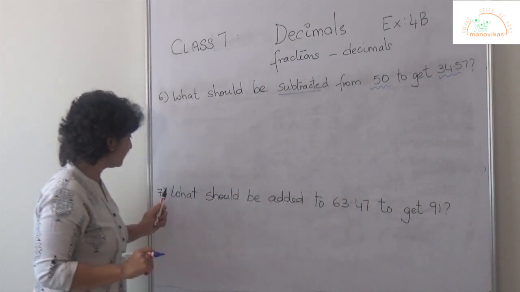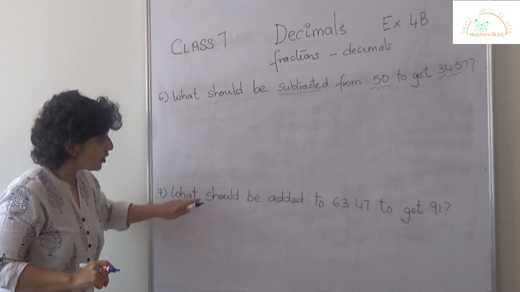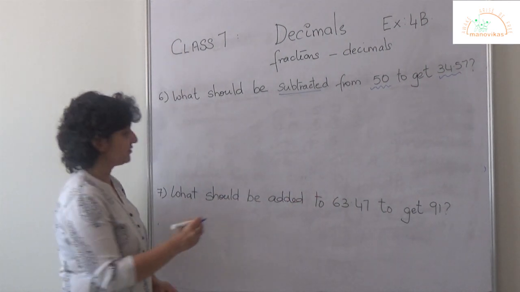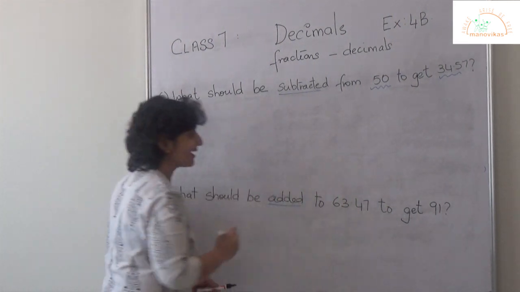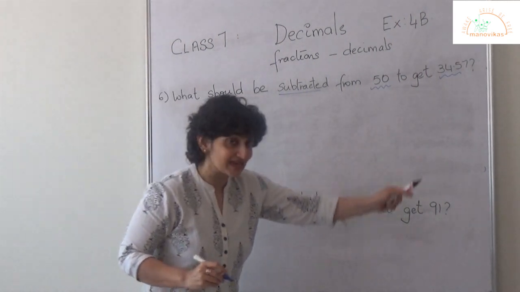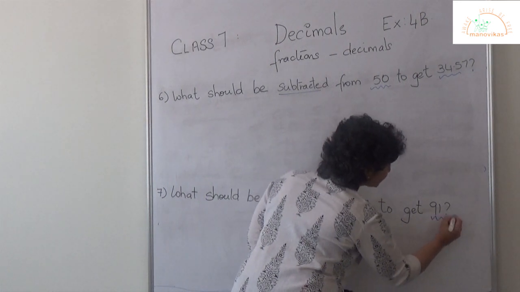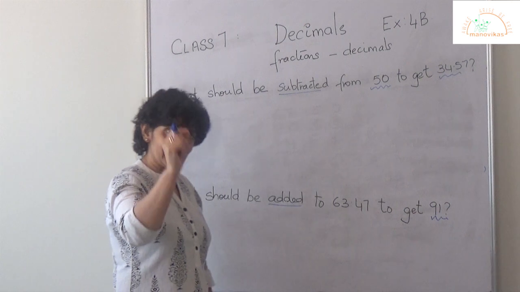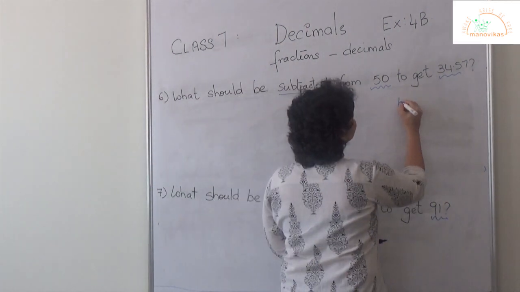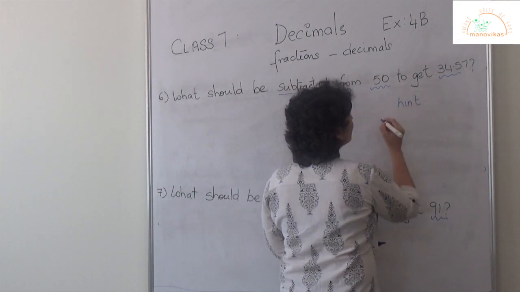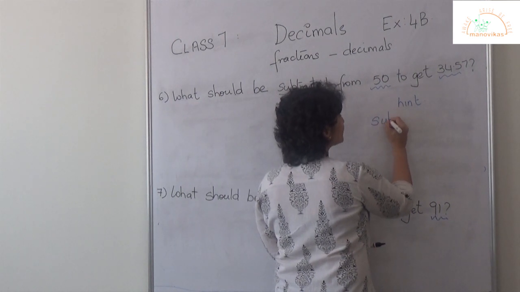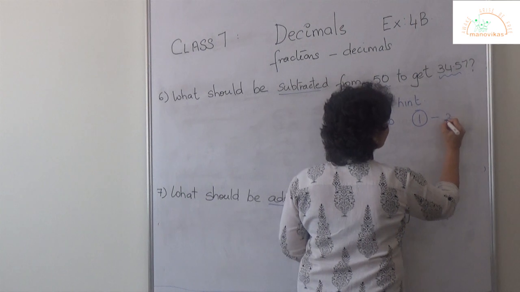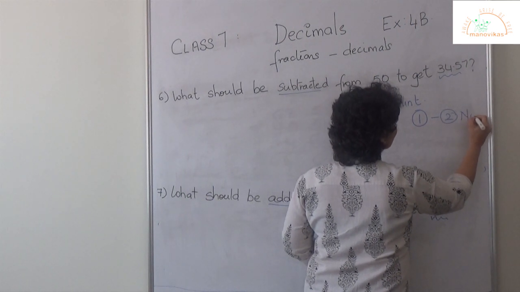Now, let's come to the seventh question. Here, what should be added to 63.47? Whenever you get "added", you will take the second number and subtract the first number from it. So a hint, always remember: whenever it says what should be subtracted, you will take the first number and minus the second number.